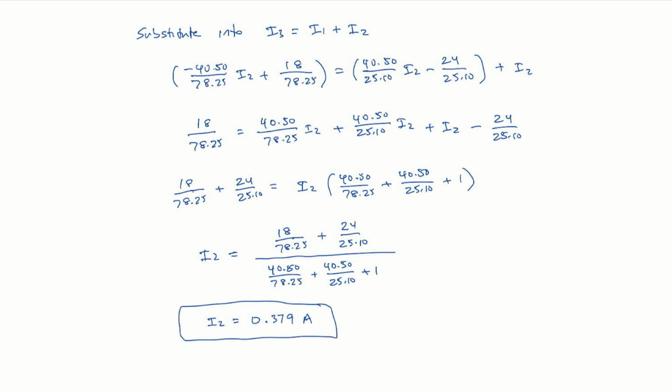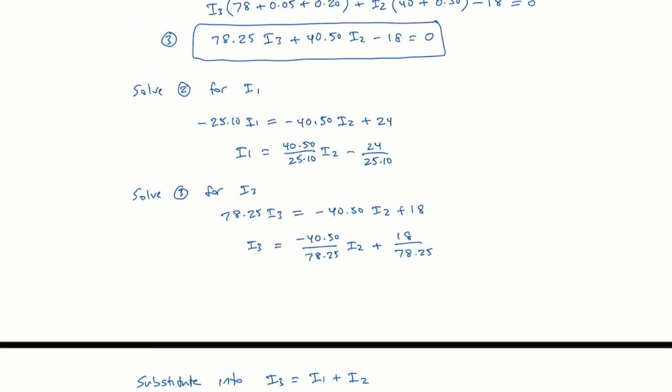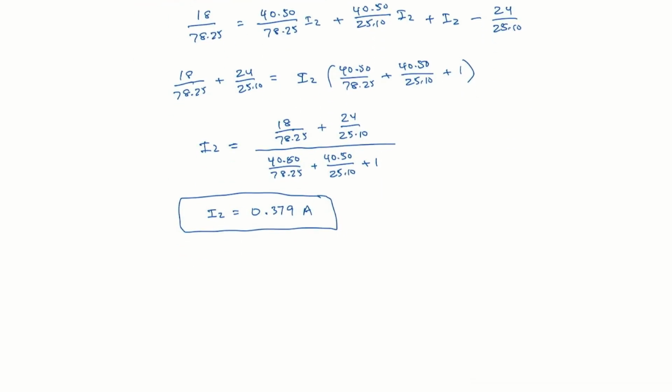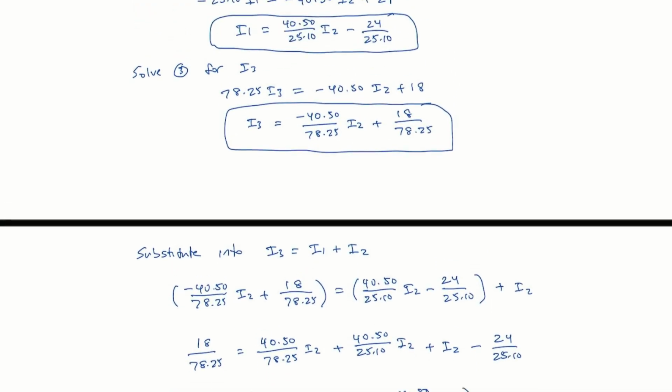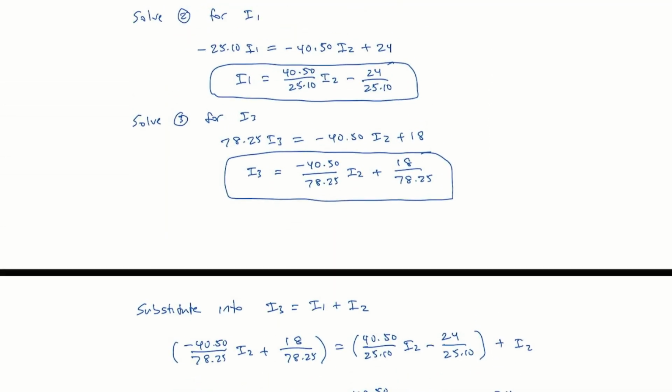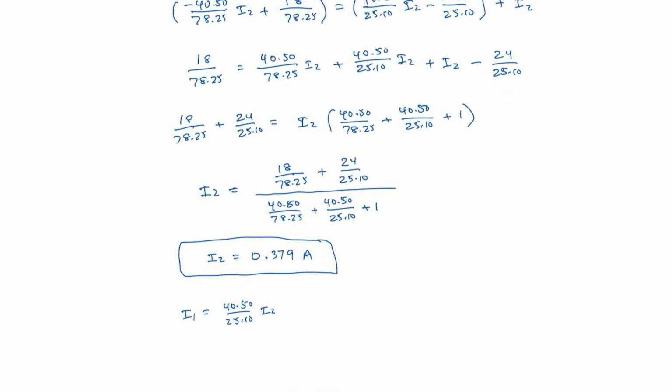Okay, now we can go back and use these equations here to find I1 and I3. Okay, so I1 is 40.50 over 25.10 times I2 minus 24 over 25.10.